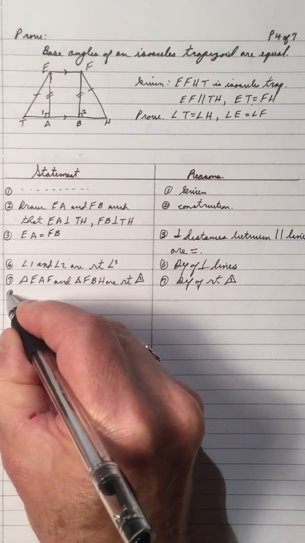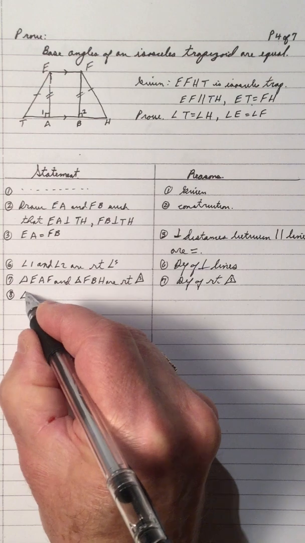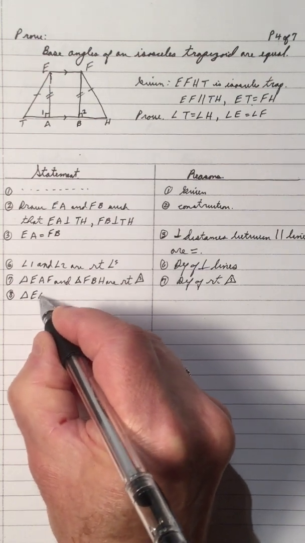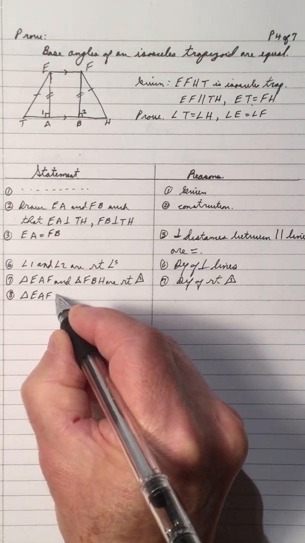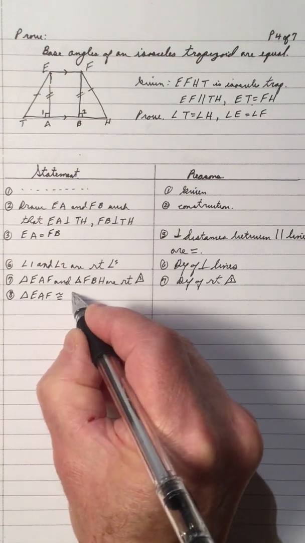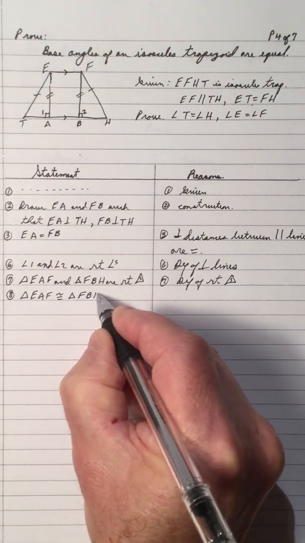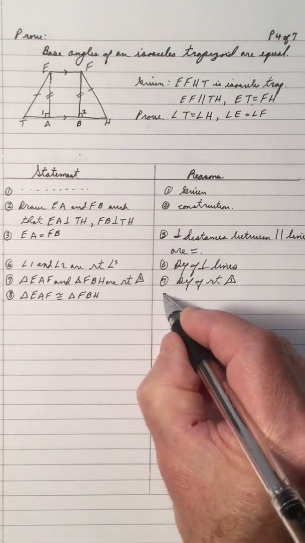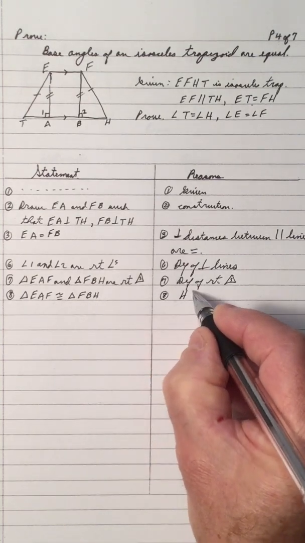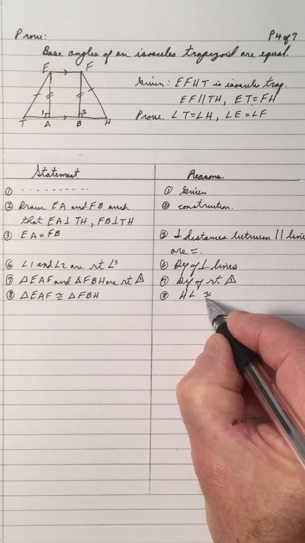And because we have right triangles, now we can say those two triangles are congruent. So triangle EAF and triangle FBH are congruent by hypotenuse leg congruency.